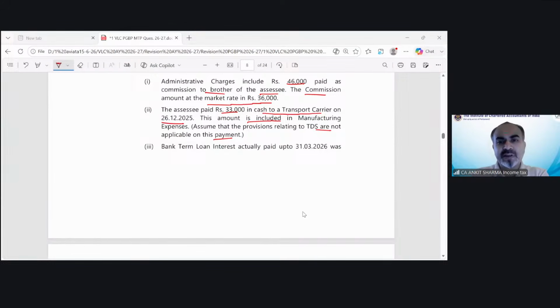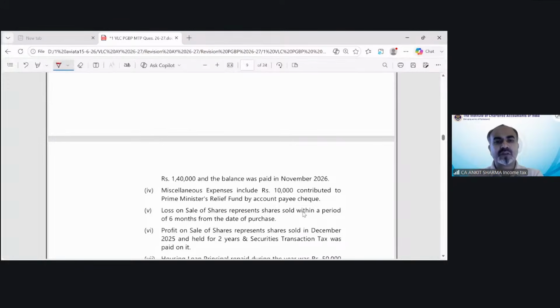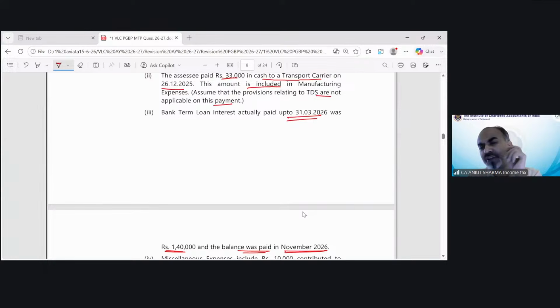Bank loan interest actually paid on 31st March 2026 was rupees 1,40,000 and the balance was paid in November 2026. Now section 43B says that if the payment is made to bank in respect of interest on loan, etc., then if up to the due date of ROI it has been paid, the deduction would be available, else it would not be available.